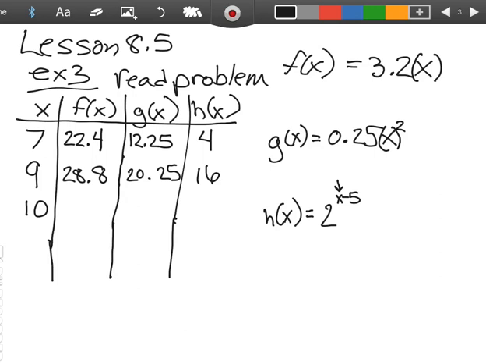So now pause me, plug 10 in to each of those x values to find your y's. All right, you should have found we have now caught city A. H of x is now as high as f of x. And every moment past the 10th year now, because this is time in years, right?